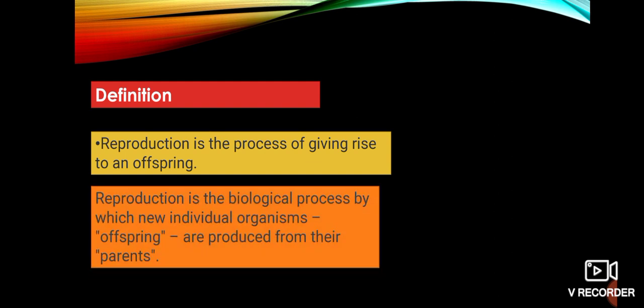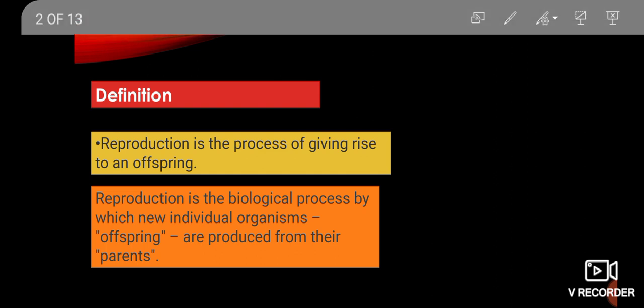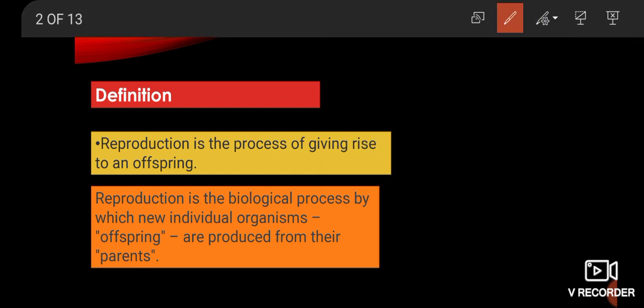In another way, it is the biological process by which new individual organisms, which are also called offspring, are produced from their parents. So this is the actual definition of reproduction.